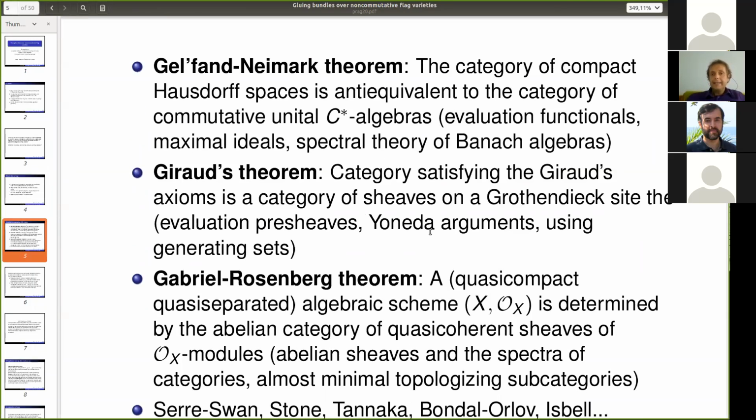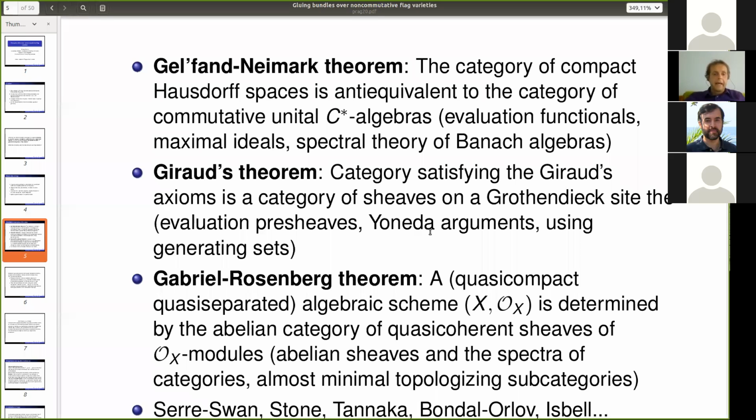There are reasons why this is a good point of view, because in the usual geometry, you can really reconstruct the space from objects over that space. So there are some examples which you've heard, like the Gelfand-Naimark theorem reconstructs topological spaces from C-star algebras. Giraud's theorem does that in topos theory. From the category of sheaves, you get back the Grothendieck site up to some equivalence, but cohomological kind of properties are preserved.